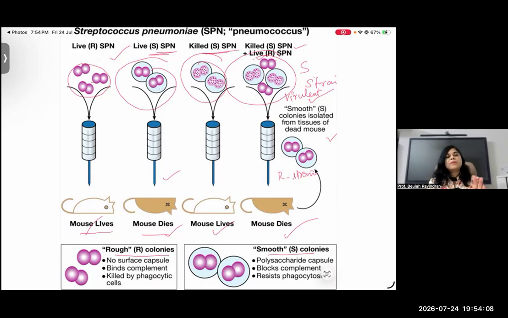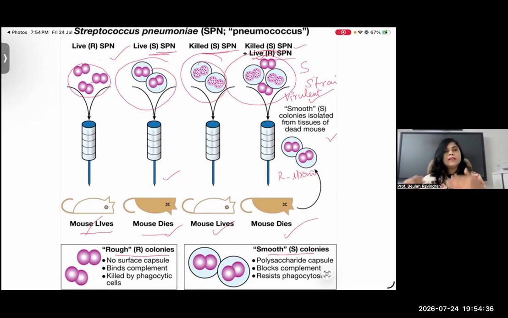This transformation became possible due to the transfer of some transforming principle, which should be the genetic material. Can you understand? This is the very great history he found. Therefore, when heat-killed S strain bacteria and live R strain bacteria are injected into the mouse, the mouse dies.